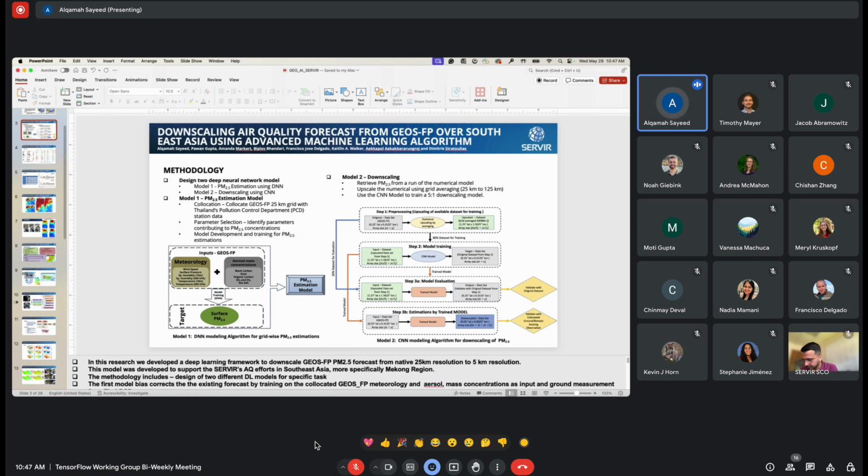We have 82 stations in Thai PCD alone to evaluate the model. But I also agree with you that if we use a different layer of satellite observations or digital elevation from Landsat, etc., we could improve the quality of the PM2.5 estimate at 5 kilometers.